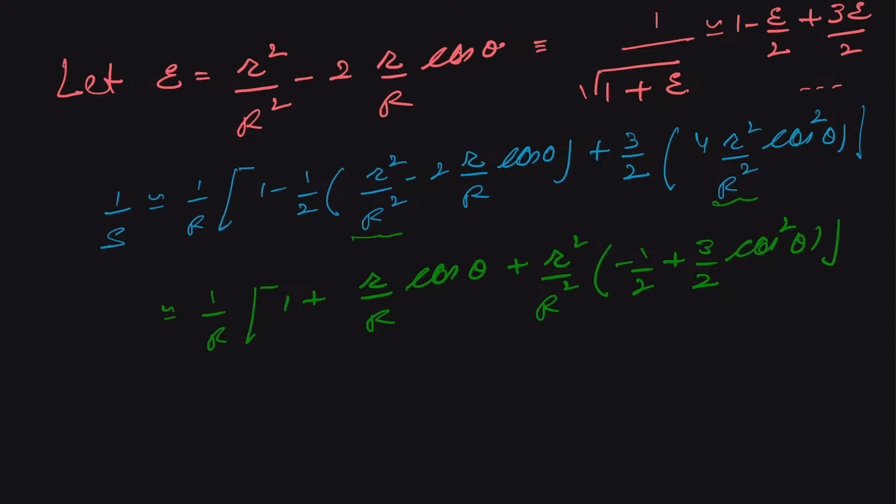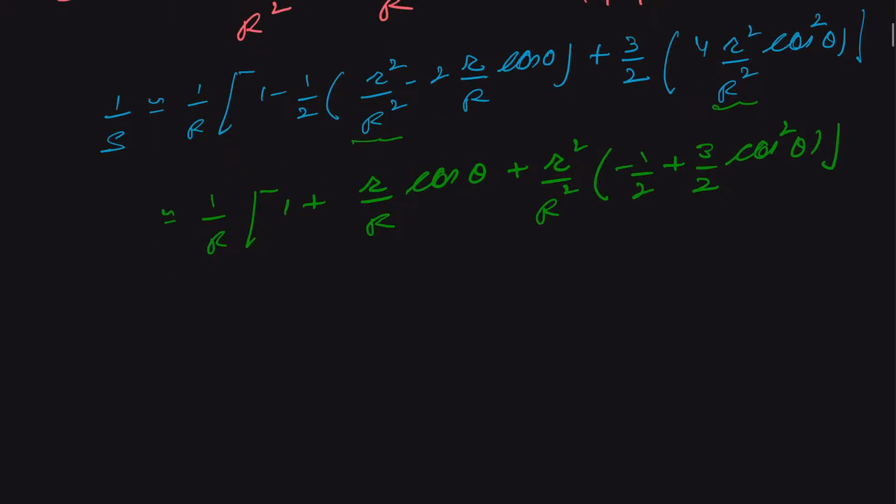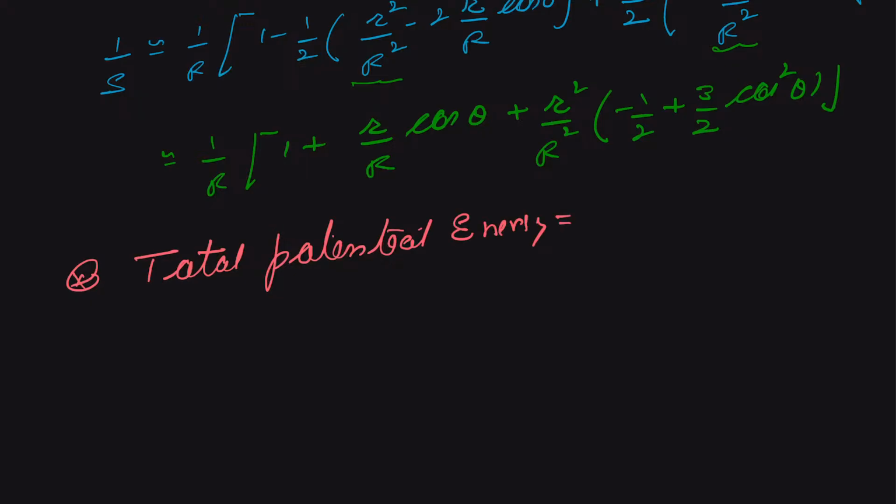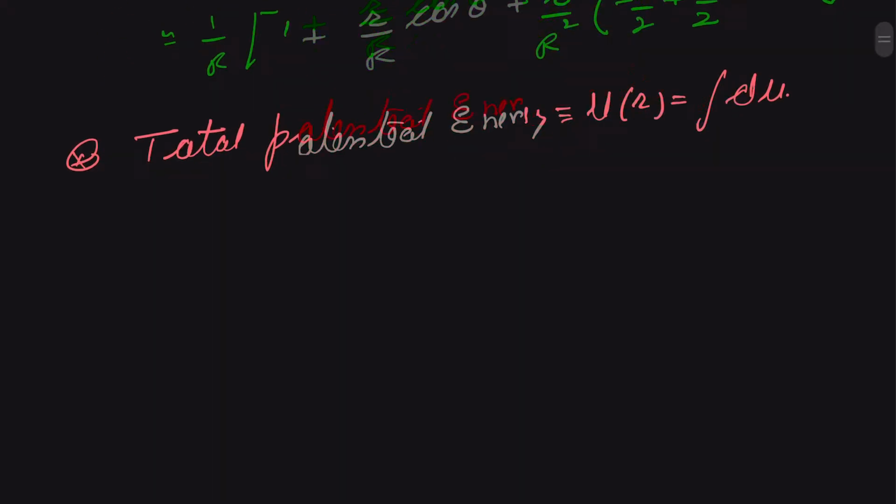Okay. And now we can find the total potential energy for the complete ring. So you can say the total potential energy, that is our U, for the sake let us write it as U of r, will be the integration of our dU.